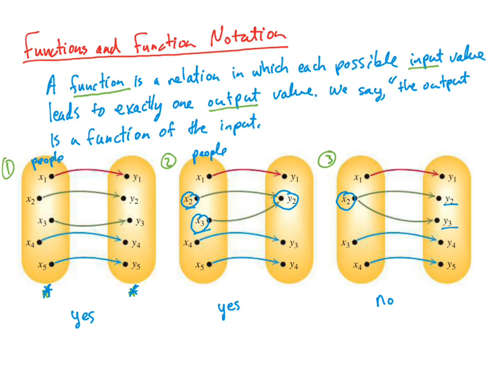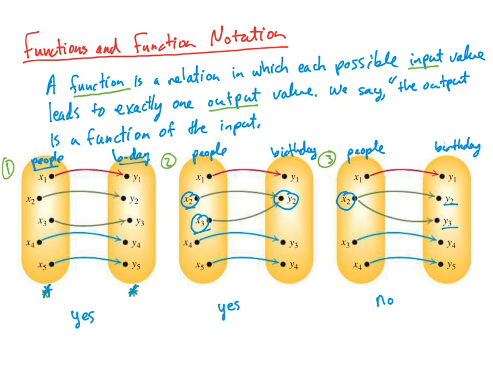And on the right side, we're going to say when those people's birthdays are. So in the first relation, we have 5 people. Each of them has a unique birthday. So no birthdays are shared. Each person only has one birthday.